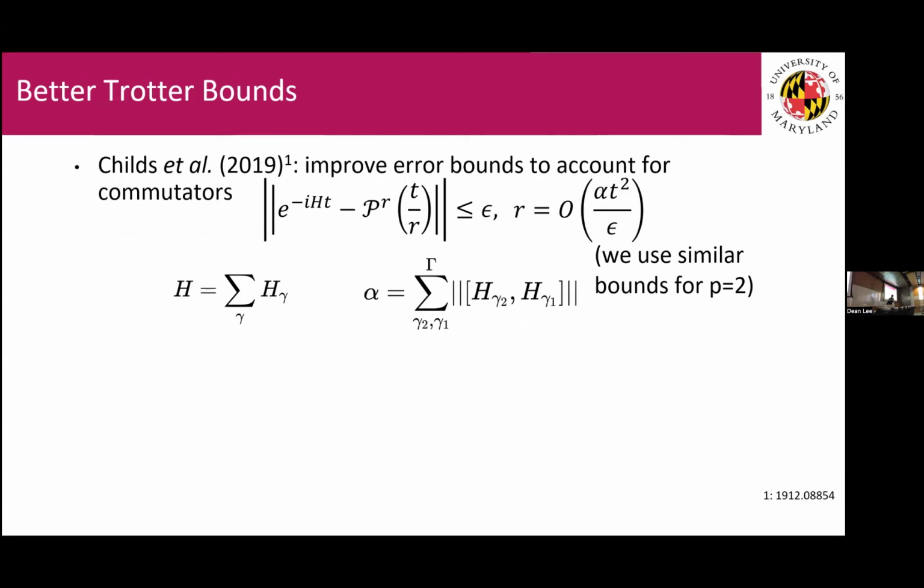If I want my product formula, which I've repeated r times, to achieve a precision epsilon, I need a number of product formula steps scaling as alpha t squared over epsilon, where alpha here is the sum of commutators between all the terms of my Hamiltonian.